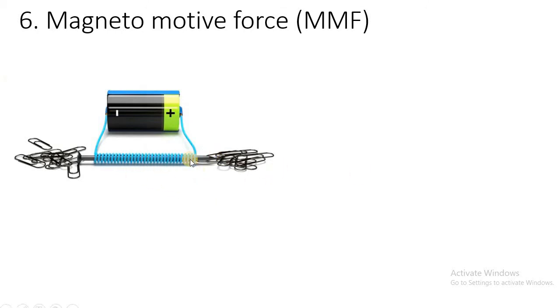Suppose there are 10 turns. There are more than 10 turns, but assume that these are 10 turns. So when this 0.1 ampere current flows through these 10 turns, it attracts 10 U pins at the N pole as well as 10 U pins at the S pole.